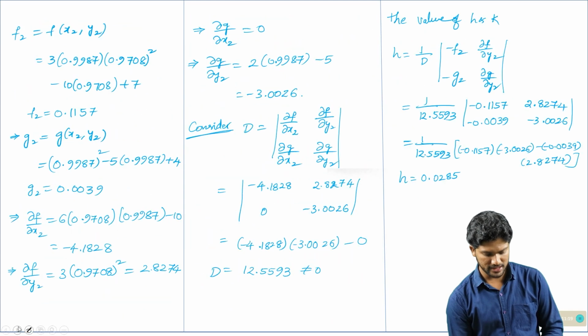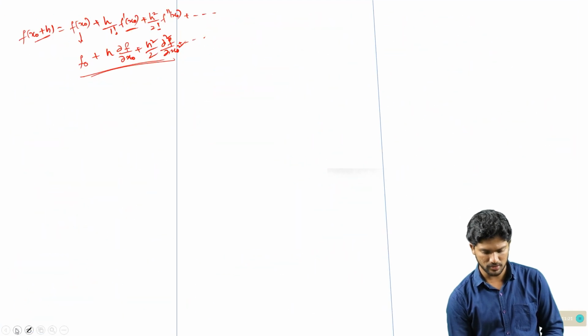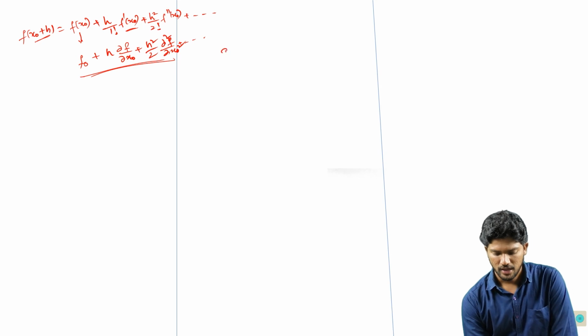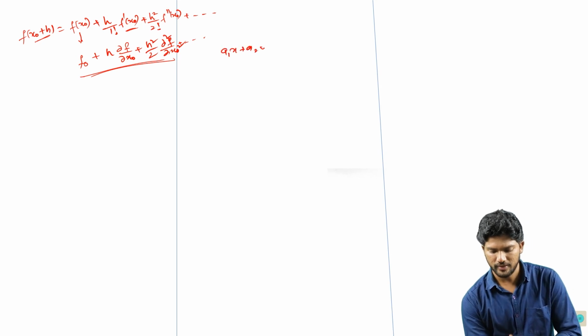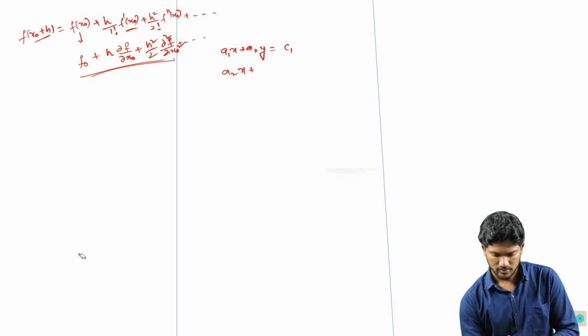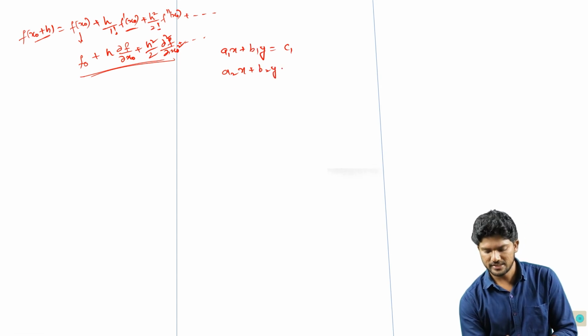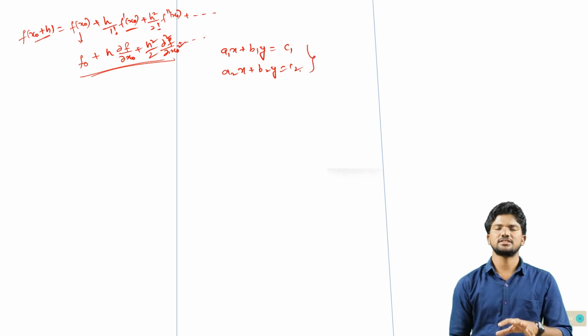Now clearly you can see how you can use Cramer's rule. For example, if you have a1x plus b1y is equal to c1 and a2x plus b2y is equal to c2 as a system of equations.